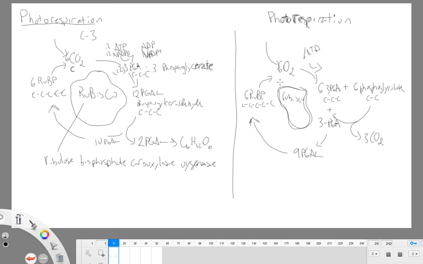But anyway, at the time that this evolved, it was likely there was very little oxygen in the atmosphere, so this process wasn't a big deal. I'm going to say why here: there was low O2 when plants evolved.